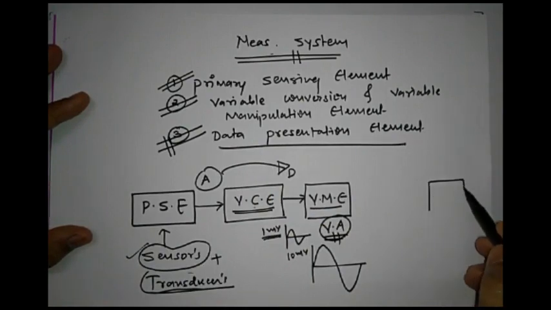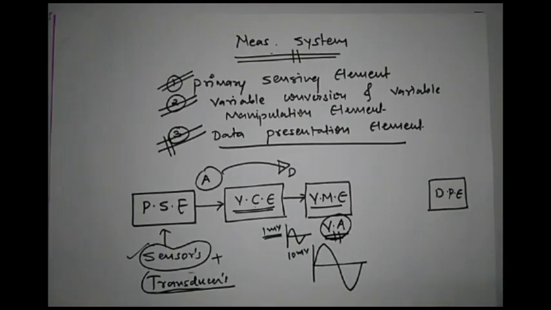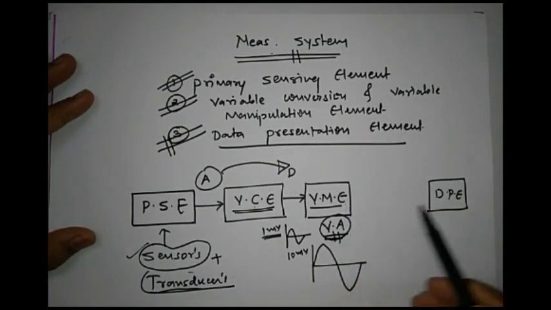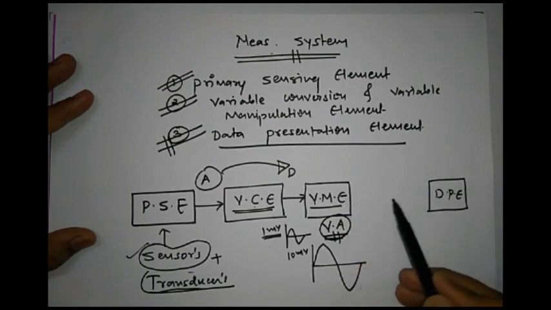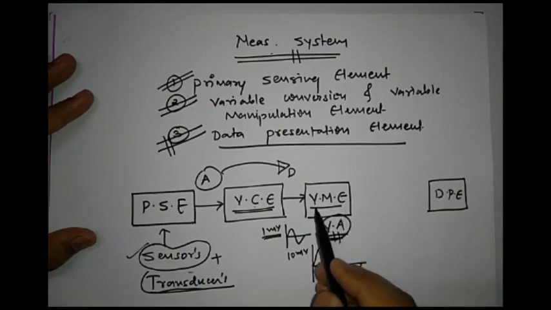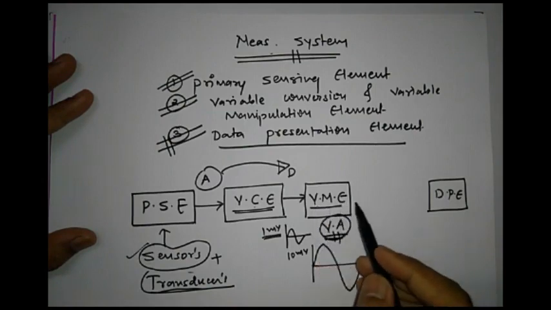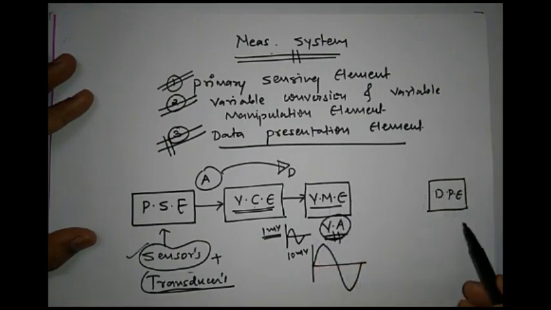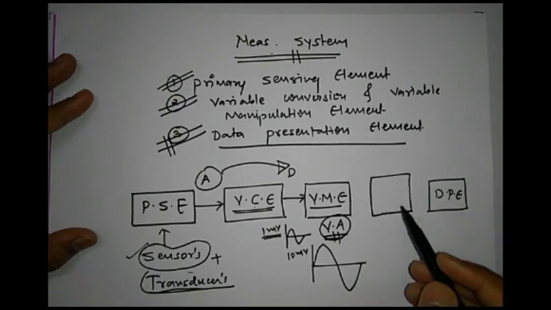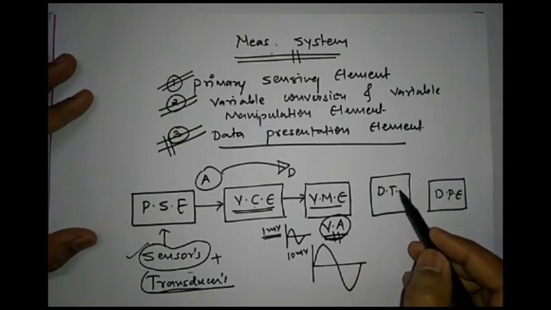Somewhere over here we have the data presentation element, but frankly speaking, because the variable conversion element followed by the variable manipulation element is physically apart from the data presentation element, in order to transmit the data we need to place one more device in between them, which is called the data transmission element.